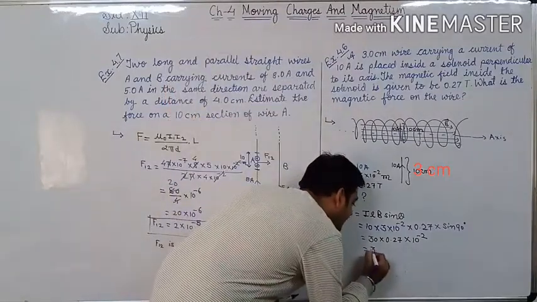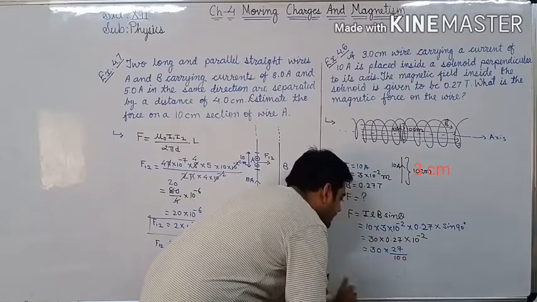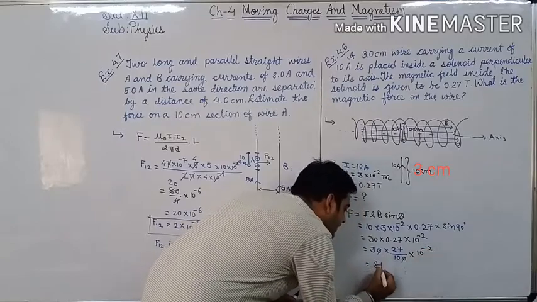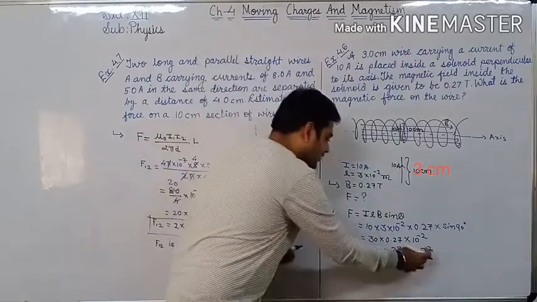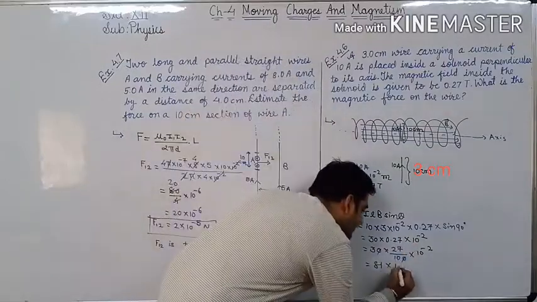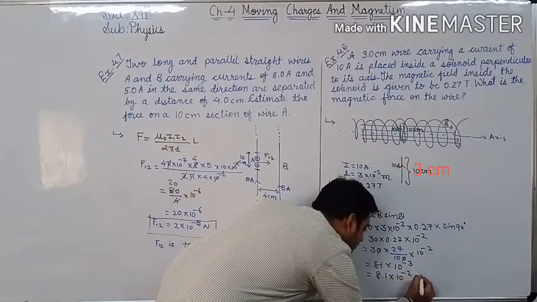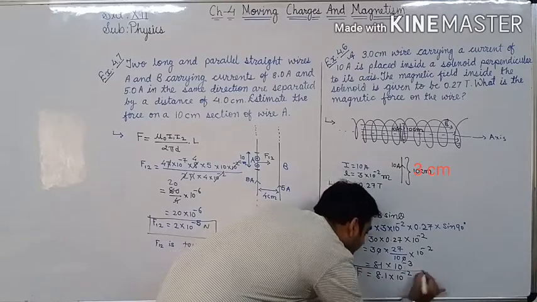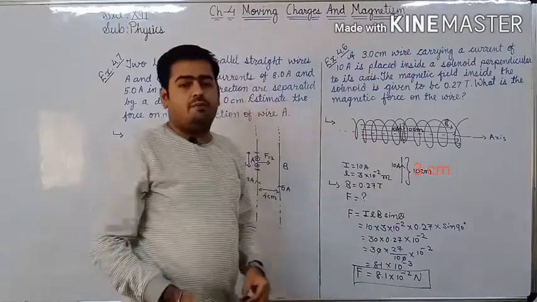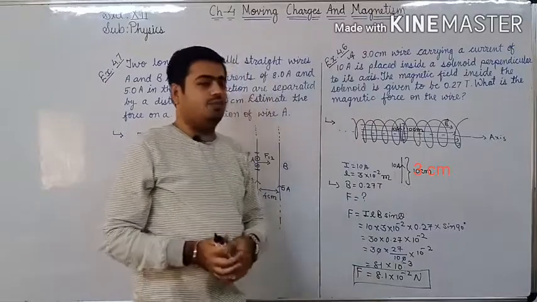So here 30 into 27 upon 100, this 0 0 will get cancelled. 27 into 3, that is 81, into 10 raised to minus 2 into 10 raised to minus 1, 10 raised to minus 3. So this can be written as 8.1 into 10 raised to minus 2 Newton. This much force is acting on this current carrying wire placed inside a solenoid. 8.1 into 10 raised to minus 2 Newton.